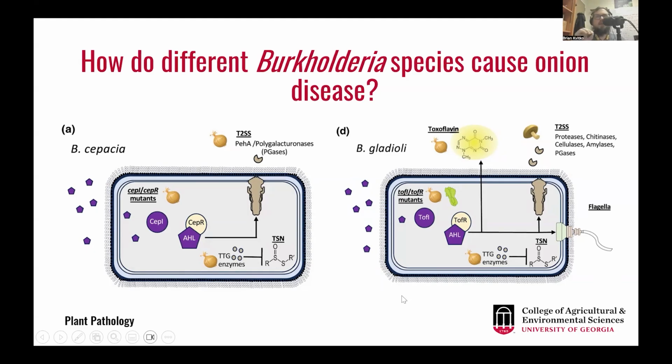Another thing we did notice is that the versions of Burkholderia adapted to onion carry genes that allow them to be resistant to the sulfur compounds that onions produce when they're damaged. This was a key feature that we picked up on that they both had, even though they're from very different groups of the Burkholderia family tree.